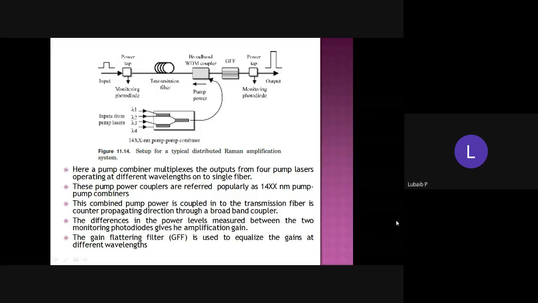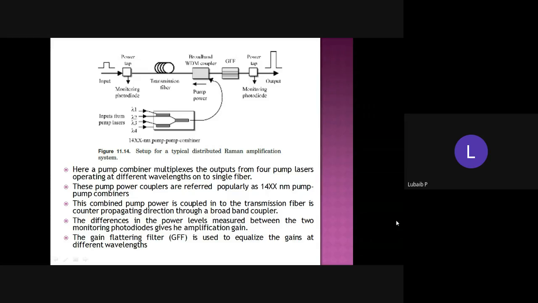This combined pump power is coupled to the transmission fiber in the counter propagating direction through the broadband coupler. You can see in the figure the input signal, the message signal, comes in through a power tap, the monitoring photodiode, and after the transmission fiber it is fed to a bidirectional WDM coupler. WDM and other things we will discuss in detail in the next module, wavelength division multiplexing.